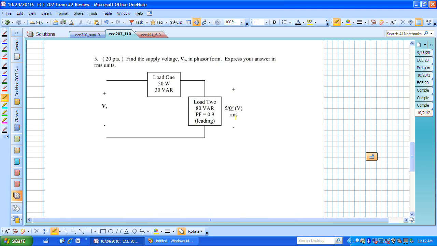We'll be able to do that because we're given RMS units here, and if we start with that voltage in RMS units, everything else will remain in RMS units from what we're given. Here if you want to think about it, we really have one load that you could think of as some Z sub 1, and we have some other load Z sub 2, load 2.